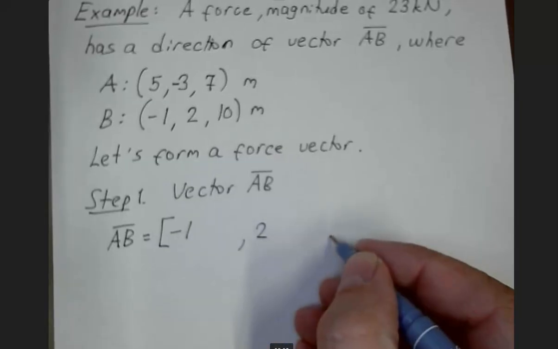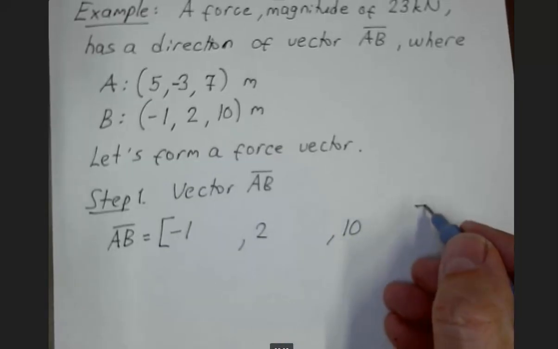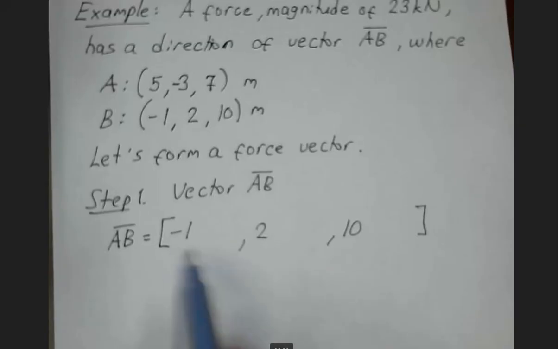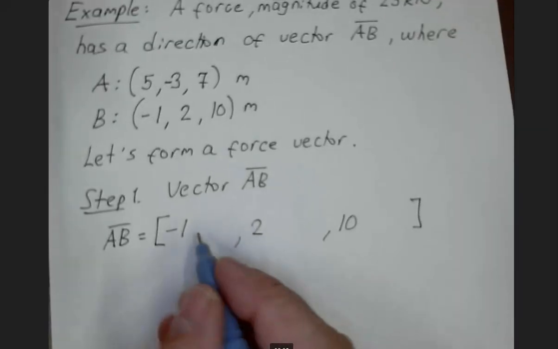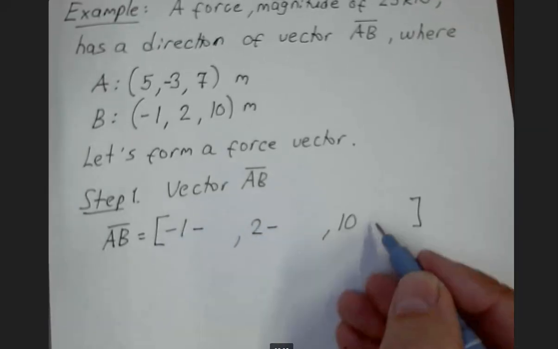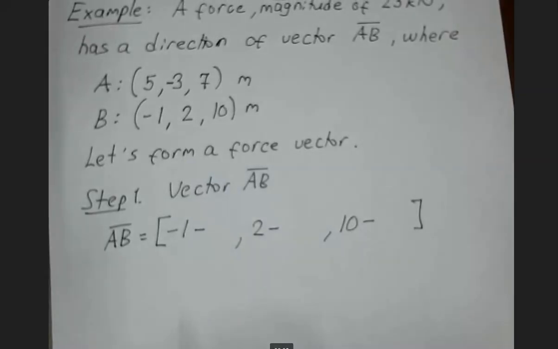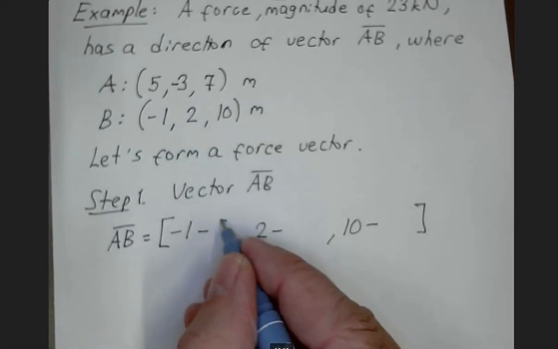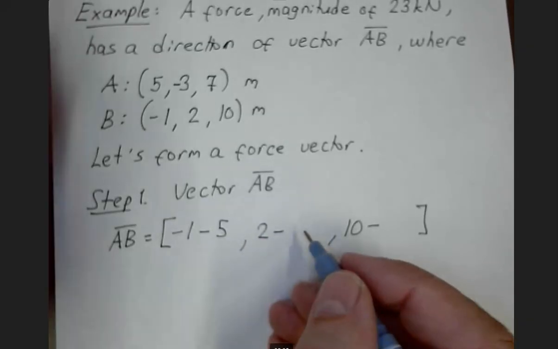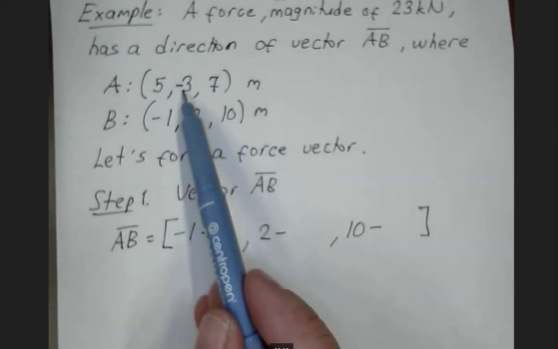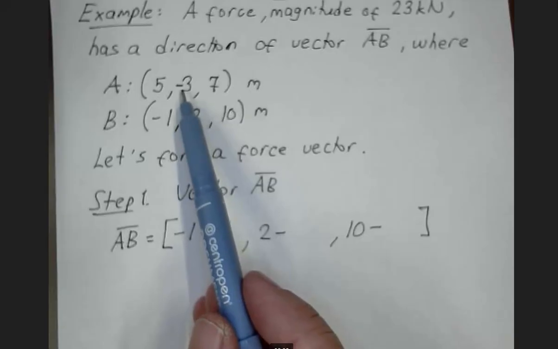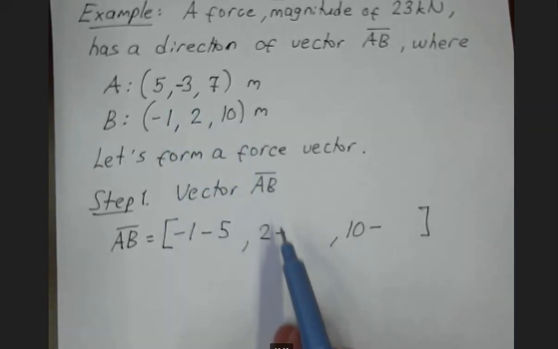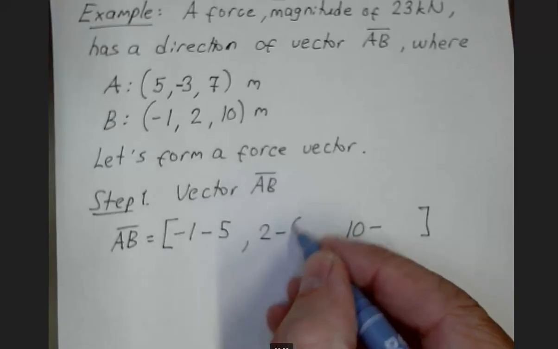So these values there are the coordinates of the point B, and then we take a minus sign and we subtract the values of the point A. So we take these values here 5, and this is the reason I take this sign minus there, because there we get 2 minus signs.